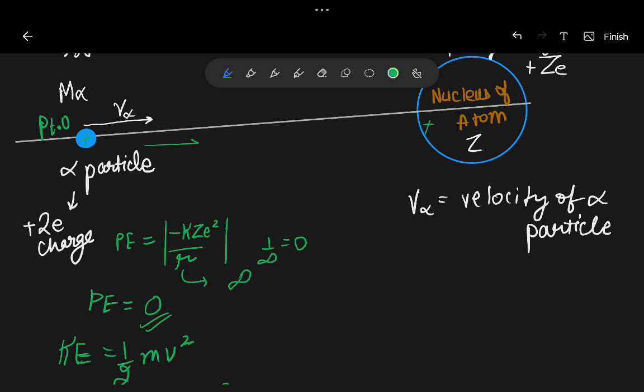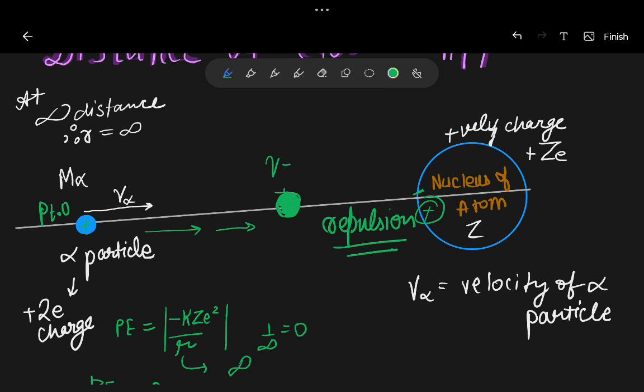At some position it will be going with some speed, but the velocity will start decreasing, because they will exert a repulsion force over each other. Repulsion will be there, so at a certain position it will reach, and its velocity will become 0.